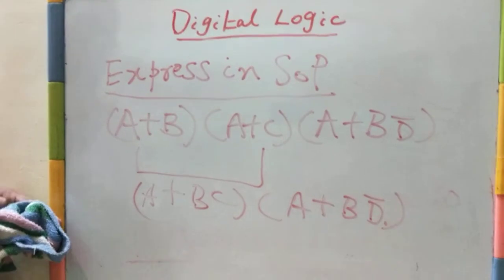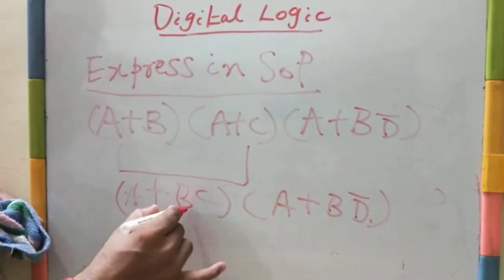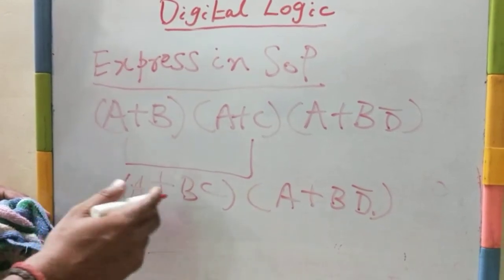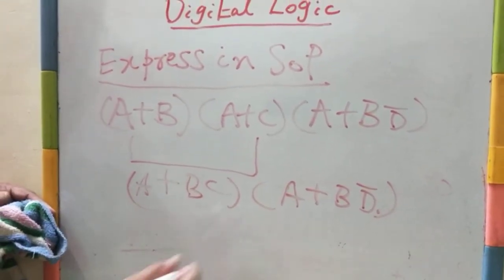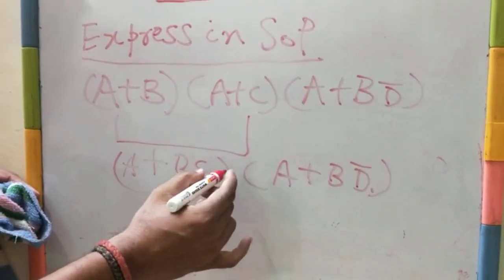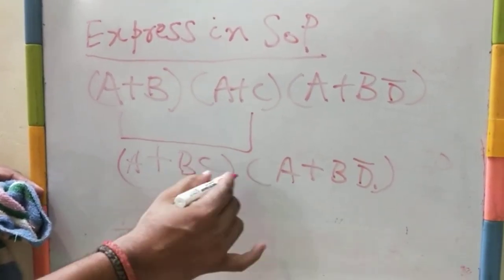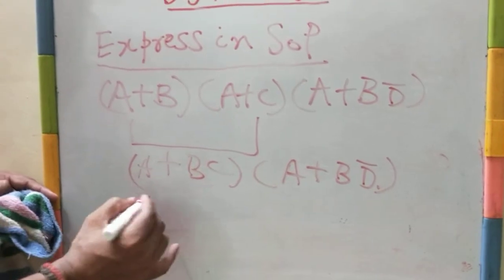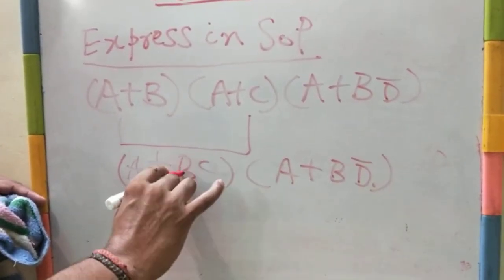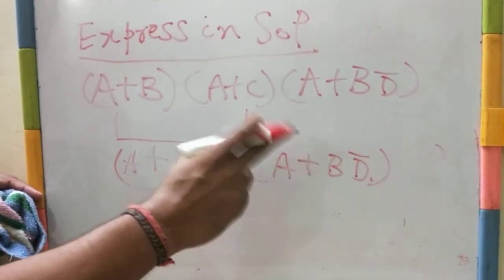Now you look into this. This is A plus BC and this is A plus BD dash. Once again we are going to use the distributive law. The common variable is A, the common operator is plus, and the operator which connects both the expressions is dot. So it is going to be reduced as A plus, we need to multiply the unlike terms.